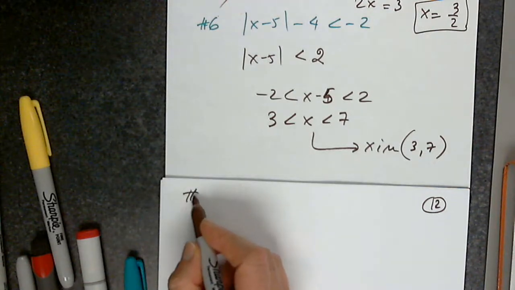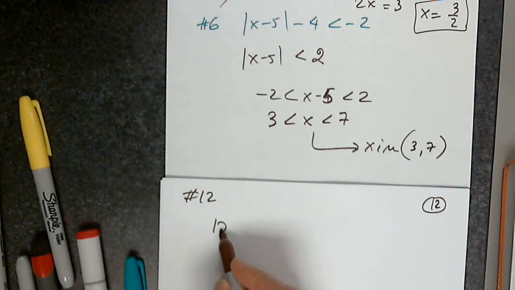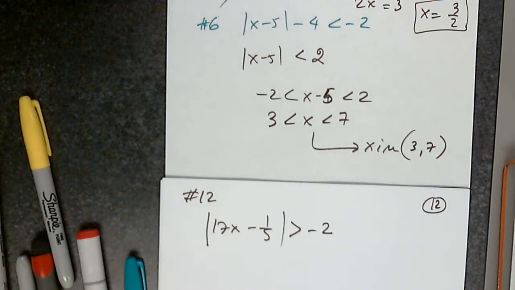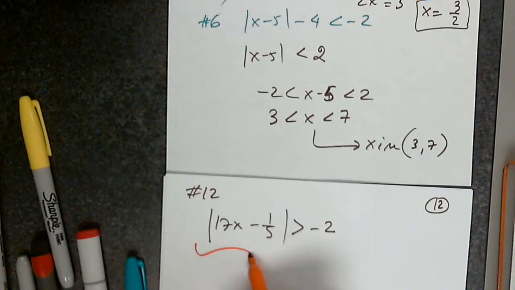Let's say 12, in which I have the absolute value of 17x minus 1/5 greater than -2. Remember, you cannot treat the absolute value by adding, subtracting, multiplying inside, nothing. You can't touch that. So what type of number is this? Always.